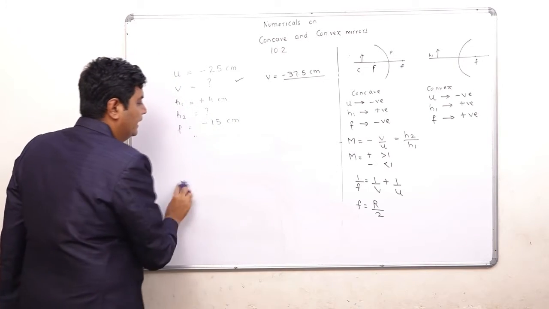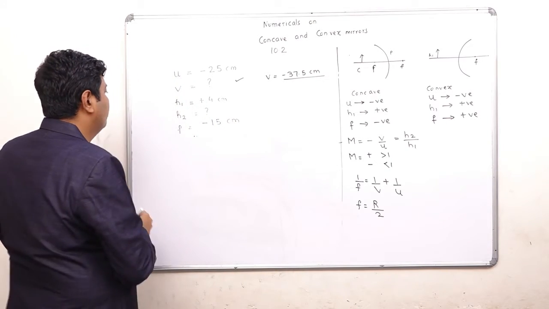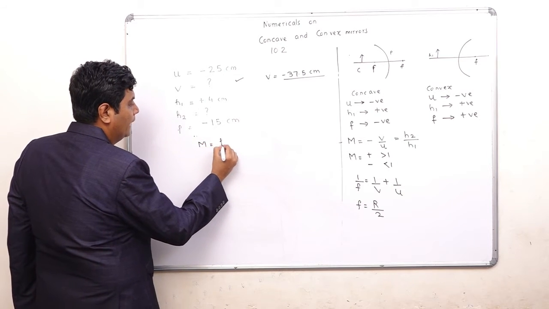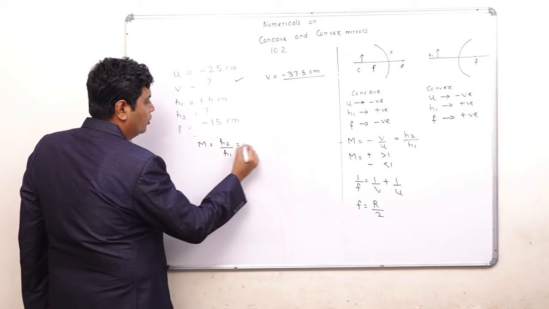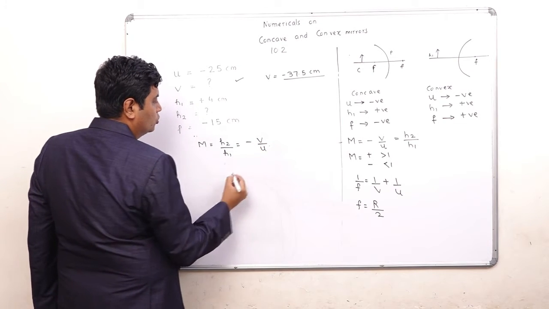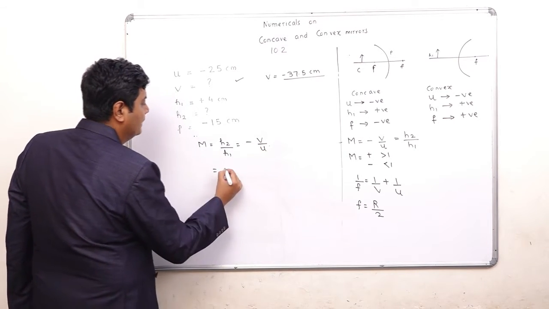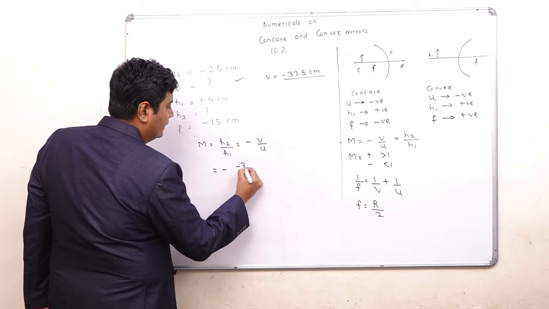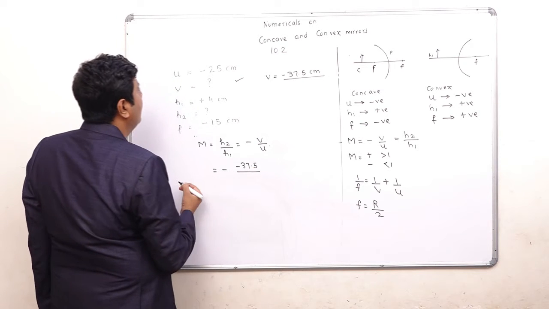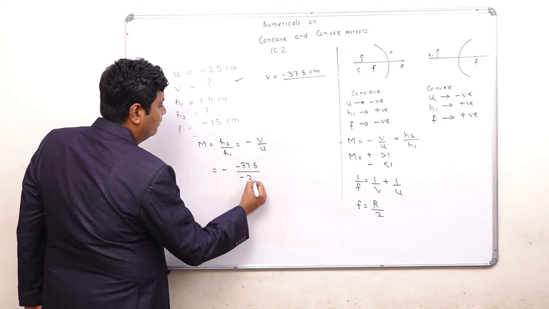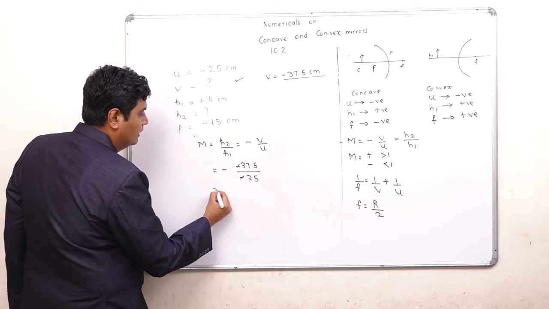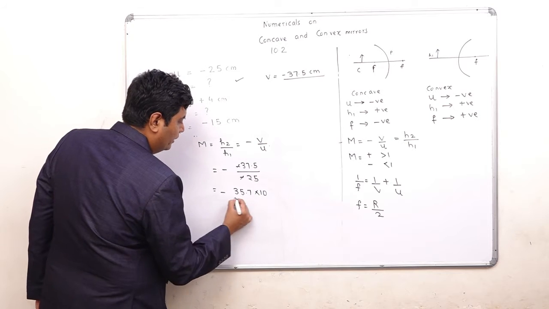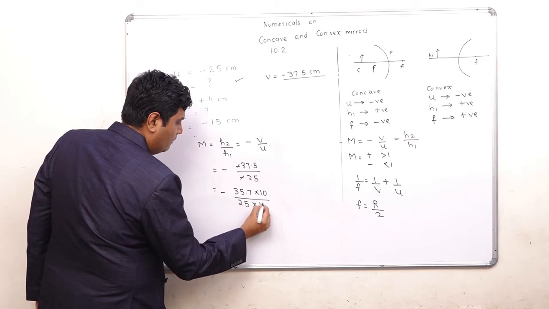Next, you want to find the nature of the image. To find the nature of the image, we use magnification. Magnification is equal to h2 upon h1, which is equal to minus v upon u. So what is the value of magnification? Minus v, this minus is of the formula, minus 37.5 divided by minus 25. So this minus minus gets cancelled. I am removing this decimal.